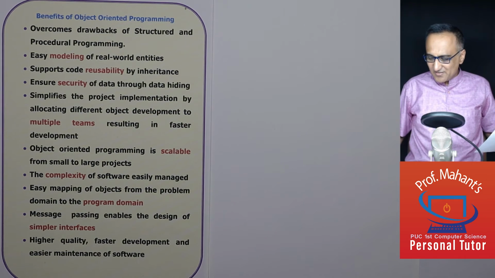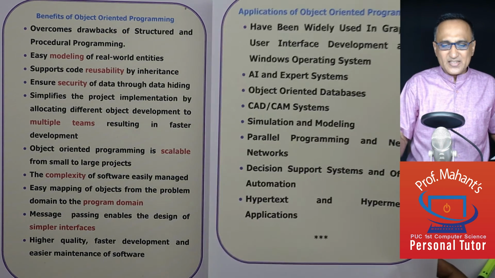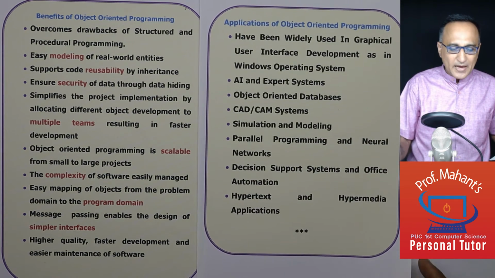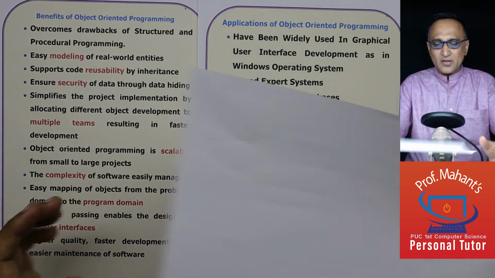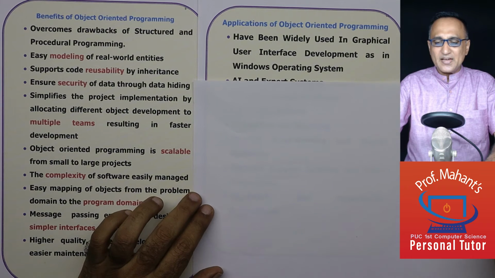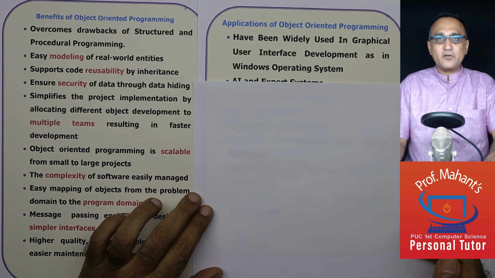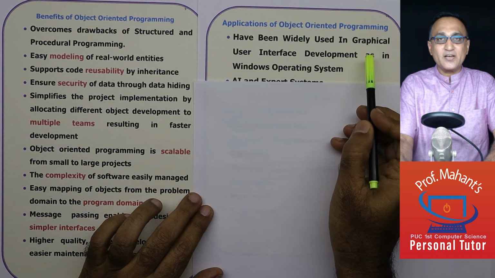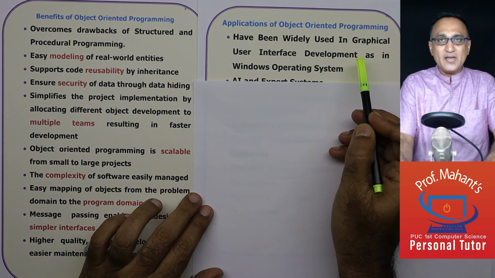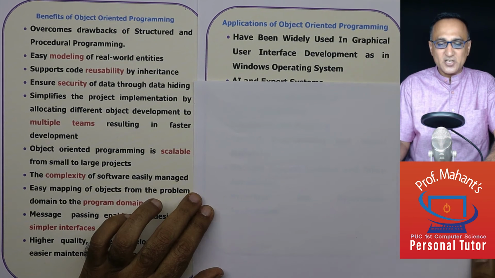Now let's simply list out the applications where object oriented programming is used. It has been widely used in the development of your Windows operating system, and of graphical user interfaces or GUI, as we took a look at in the earlier session.